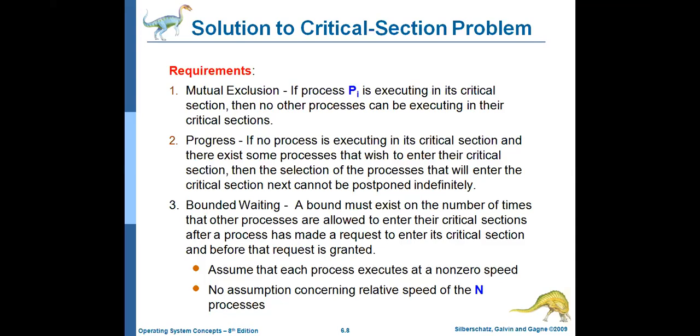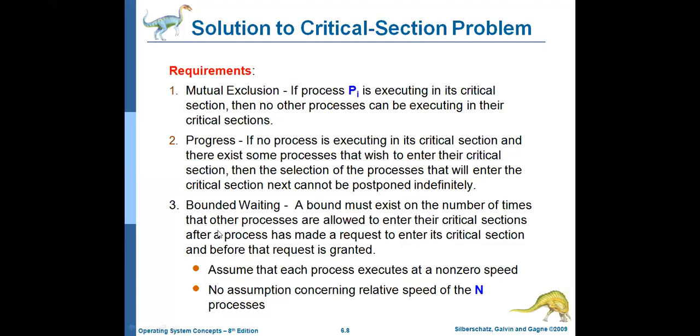You got my point? That selection should not be postponed indefinitely. That is called progress.